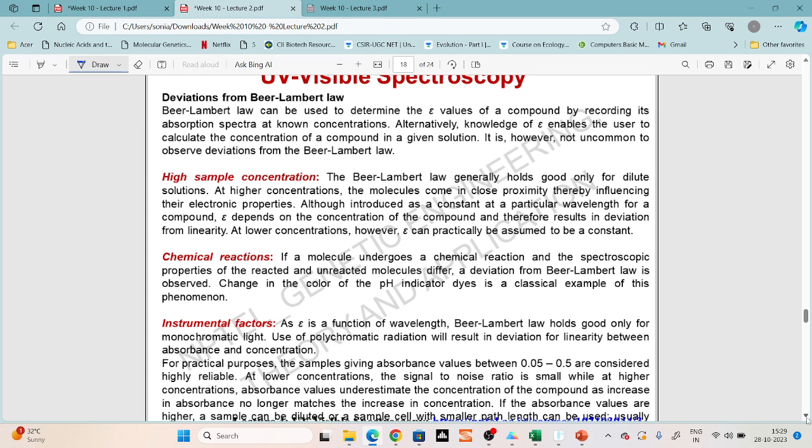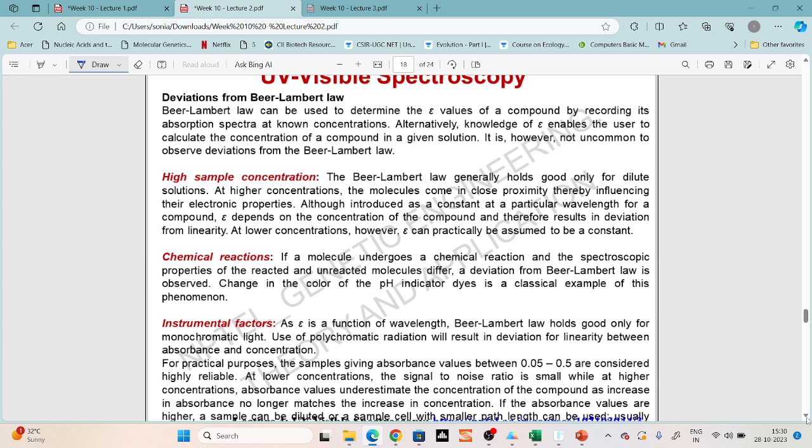But the Beer-Lambert law that you study has some exceptions. And those exceptions are the points where the Beer-Lambert law cannot be followed, when your sample is of very high concentration. So basically, the Beer-Lambert law holds good only for dilute solutions. Why?